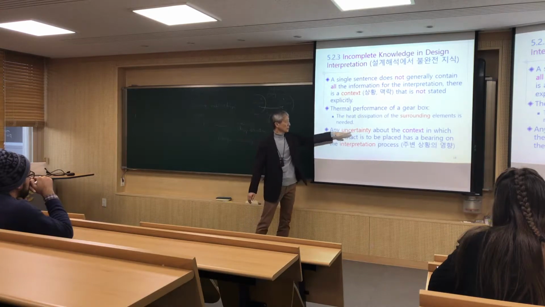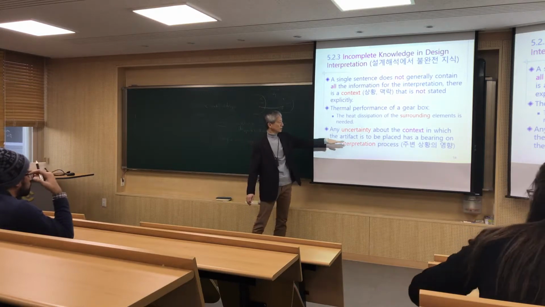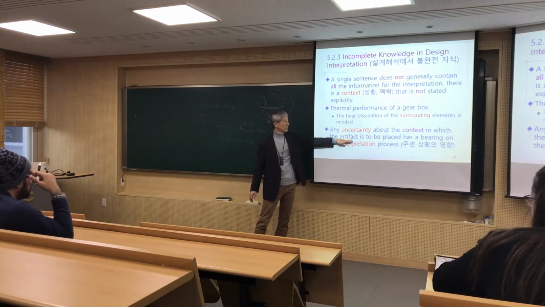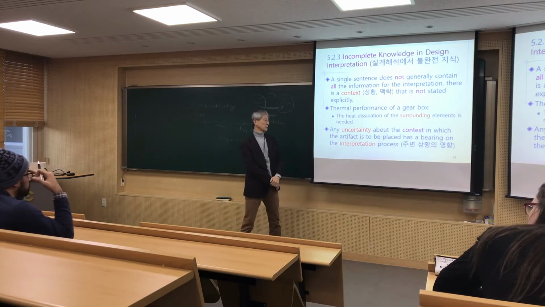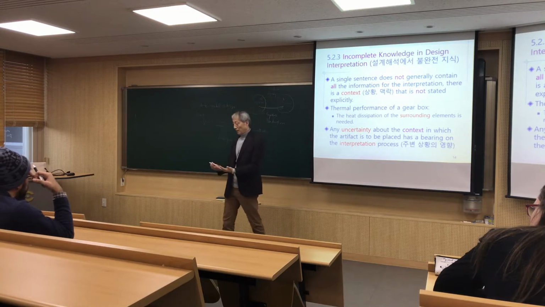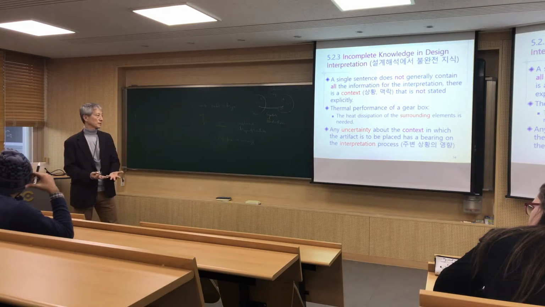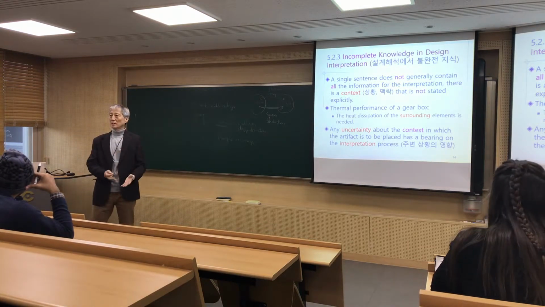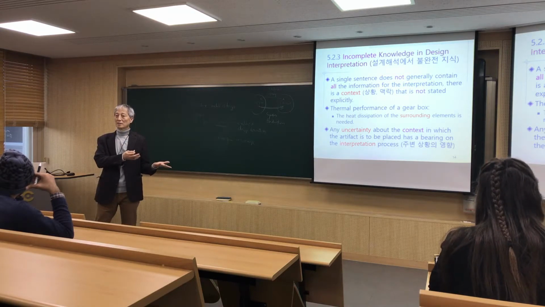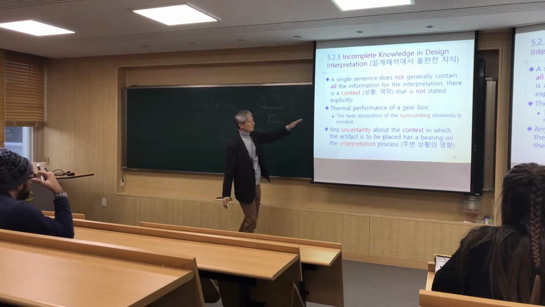So that includes many uncertainties in which the artifact, meaning the design, the smartphone itself in this case, is to be placed, which has a bearing on the interpretation process. So a smartphone in India, northern part or southern part, or not in India. It can be China, right? It can be Pakistan. That gives you a different context, right?